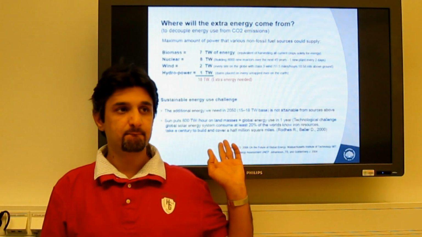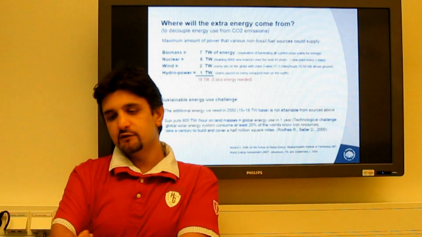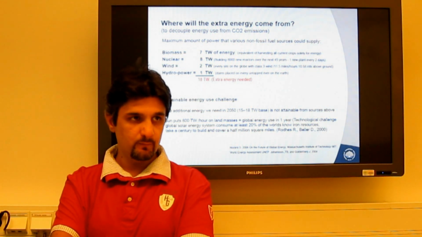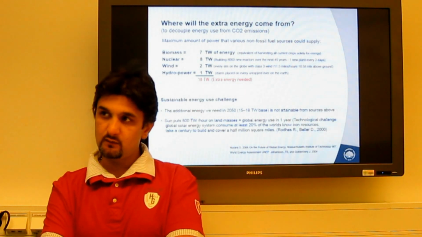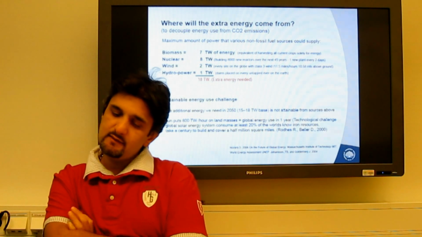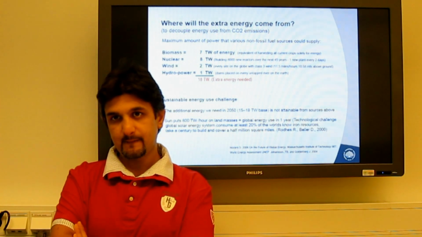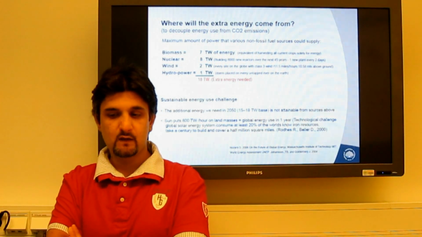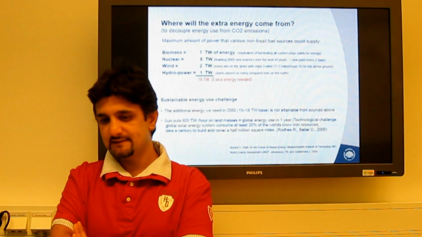The number for nuclear is 8, wind 2, and hydropower is 1. So it's 18 terawatts of extra energy that we need to have. All of them are green energies. Okay? So we need 18 more at least.